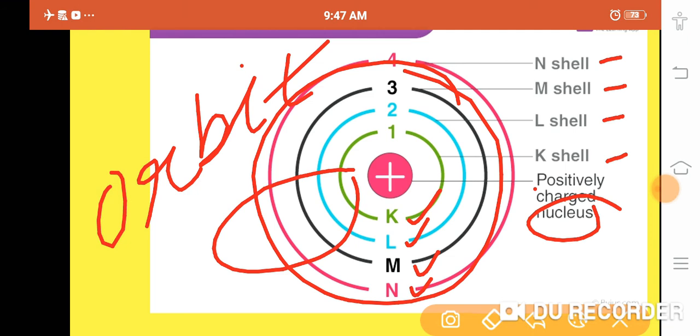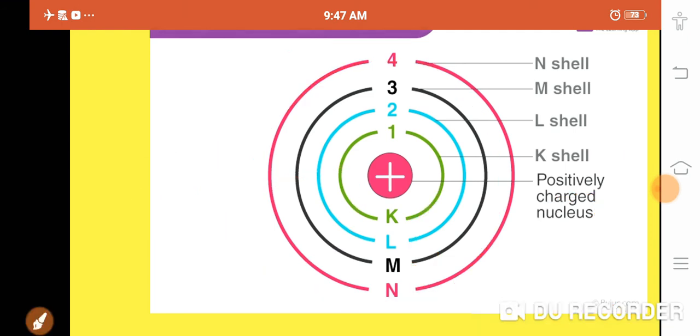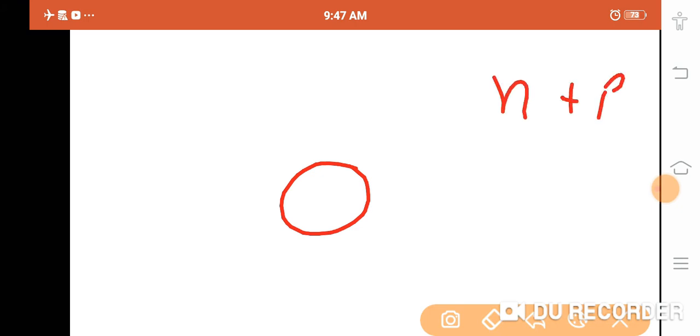Okay, now we will discuss this Bohr's atomic model. So please see, I just told that all atoms have the nucleus. See, this is the Rutherford atomic model. All atoms have the nucleus in which neutrons and protons are present.